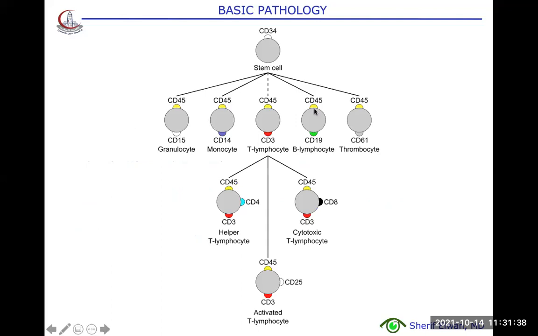A stem cell that gives granulocytes, monocytes, lymphocytes of both types, and thrombocytes have characteristic CD numbers of these 350, and some cells share some CDs. For example, when we say CD45 and CD3, that means a T lymphocyte. When we say CD8, that means a cell that has been altered by AIDS.